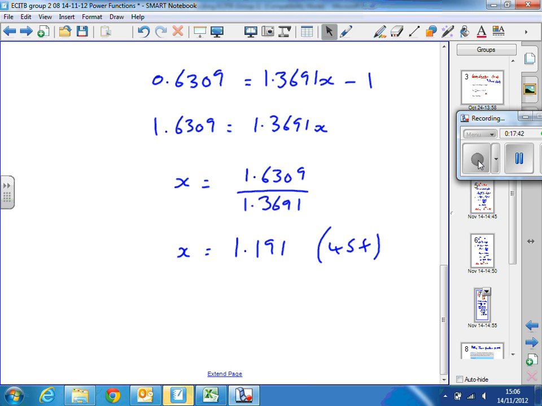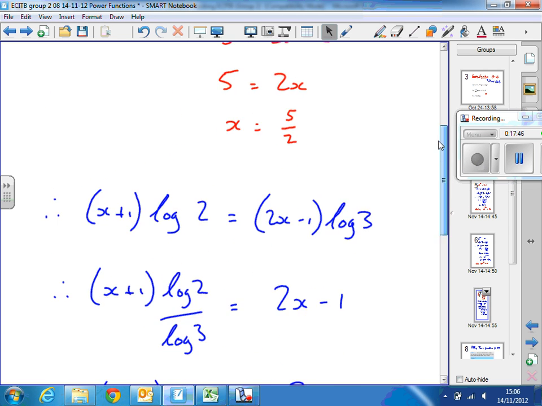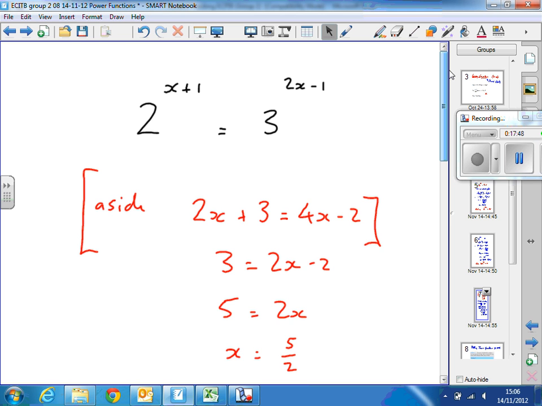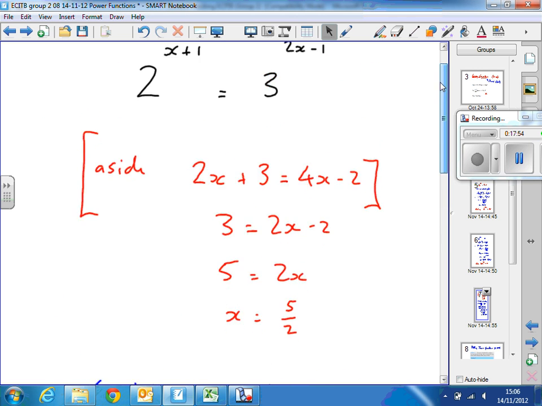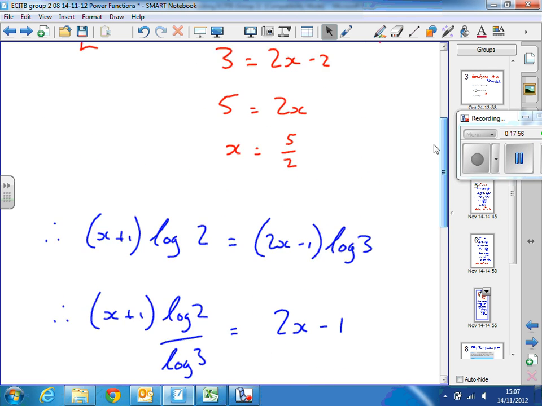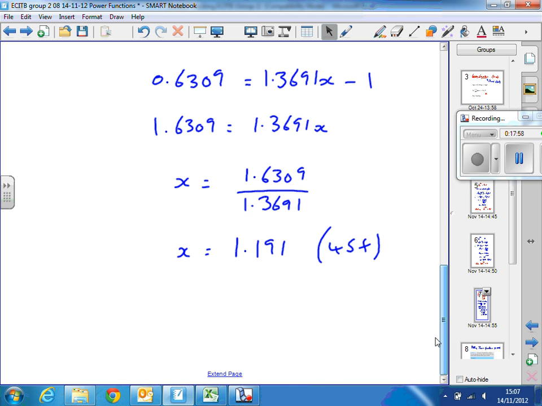How would we check in this original formula? Calculate the left hand side, x plus 1, and work out what that is, and then work out the right hand side, putting in the substitution value for x, and you should get the same answer both ways.